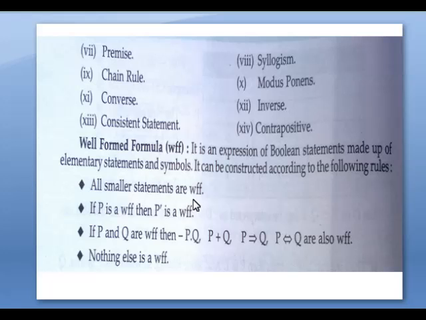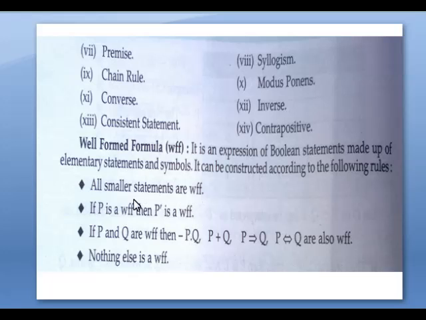If P is a well-formed formula, then P dash is a well-formed formula. If P and Q are well-formed formulae, then P dot Q, P plus Q, P implies Q, P equivalent Q are also well-formed formulae. Then nothing else is a well-formed formula. So if a statement is a well-formed formula, these are the rules.